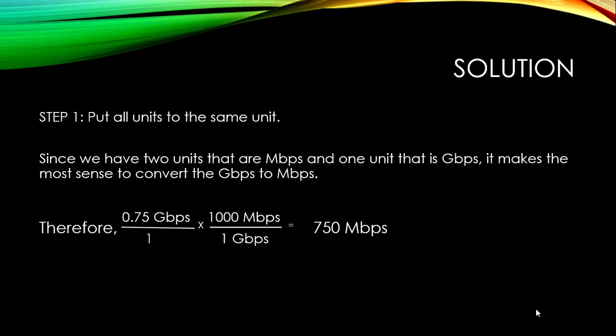Dimensional analysis, we make sure that they are top and bottom. This allows us to cross our gigabits per second units, cross the top, cross the bottom, and that leaves us with megabits per second. When we do the math, 0.75 times 1,000 gives us 750 megabits per second.